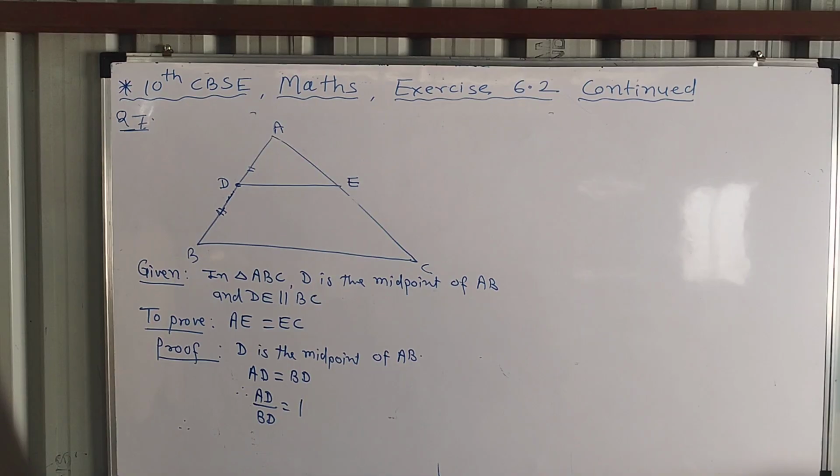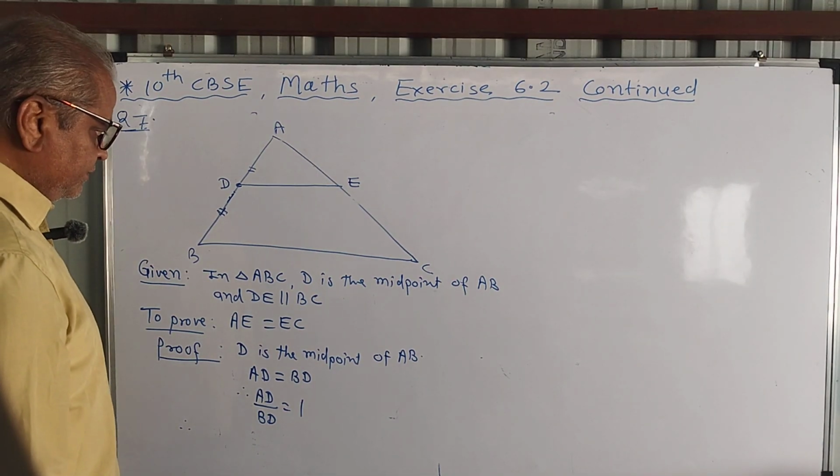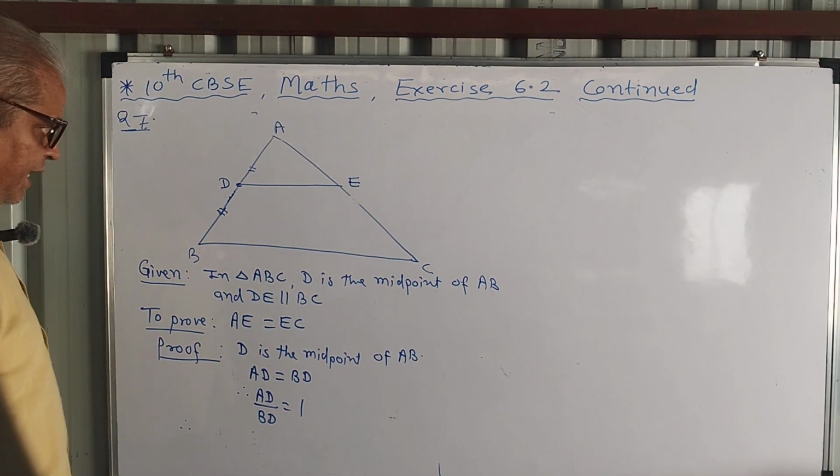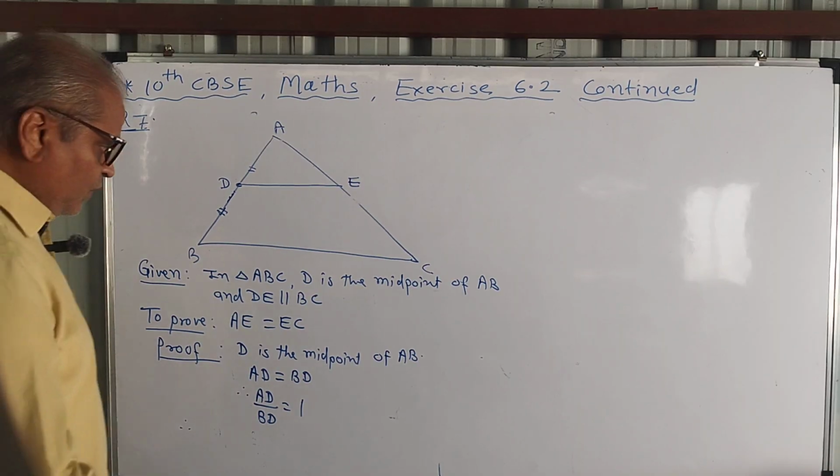Same length upon same length is 1. Now here I need to prove AE is equal to EC.